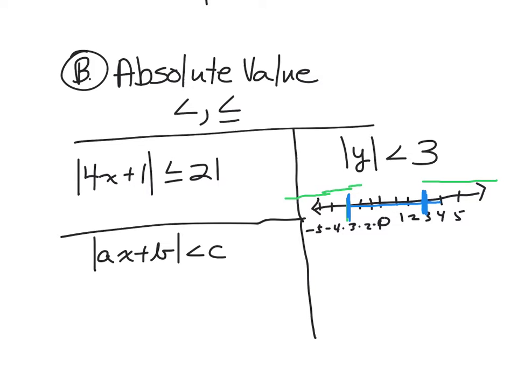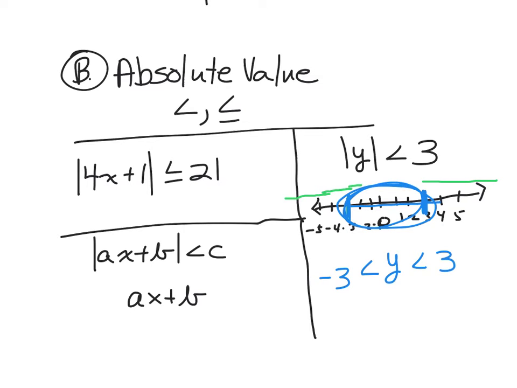In other words, that means that y would have to be less than 3, but it'd have to be greater than negative 3. You see that? Those values would be the ones I'd be after. Now, what does that mean for us? Using the same logic then, if the absolute value of ax plus b was less than c, then what would that mean about ax plus b?